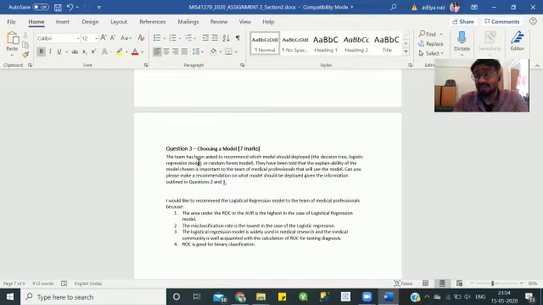Misclassification for any of the ailments should be as low as possible. Thirdly, the logistic regression model is widely used in medical research, and the medical community is well acquainted with the calculations of ROC for testing diagnosis. And fourthly, ROC is good for binary classification.